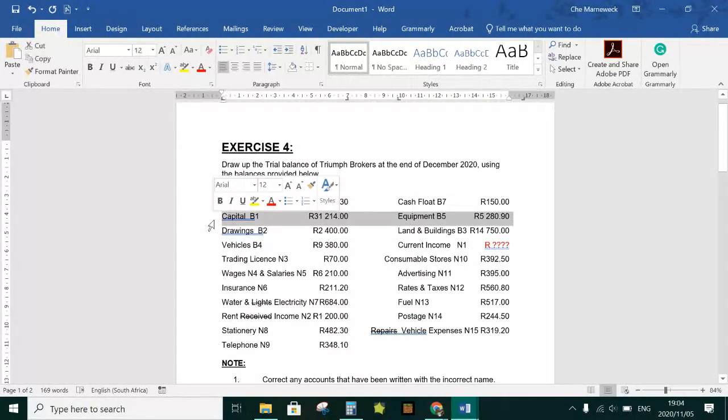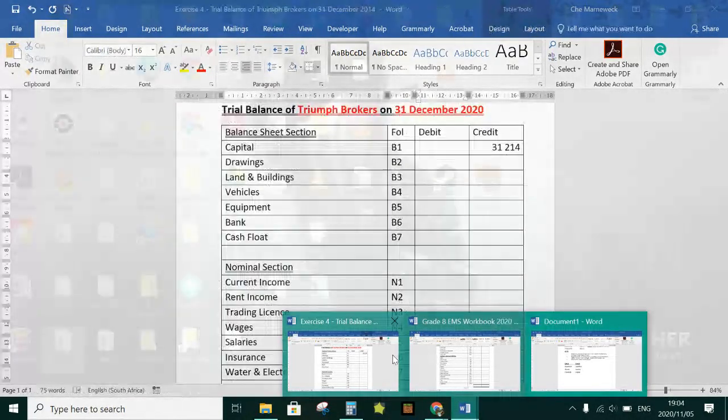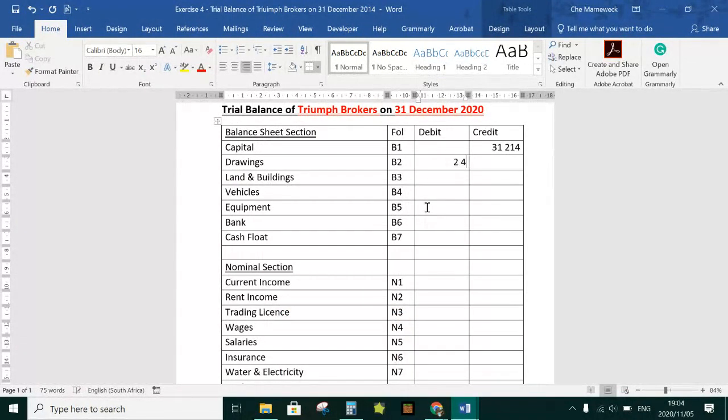As we do one, I'm actually going to cross it out. Drawings is 2,400 and drawings is under debit. Then what comes next is fixed assets: land and buildings, vehicles, equipment.